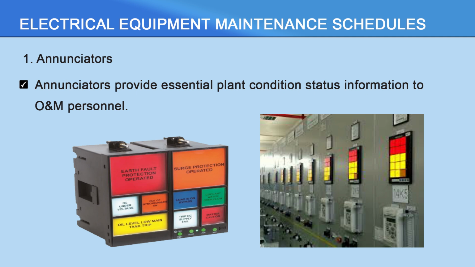Verifying the integrity of the alarm devices and interconnecting wiring requires a functional test of these circuits. Functional testing is accomplished by resetting the annunciator, secondly closing or opening contacts at the alarm device, and verifying that the correct annunciator window is activated.